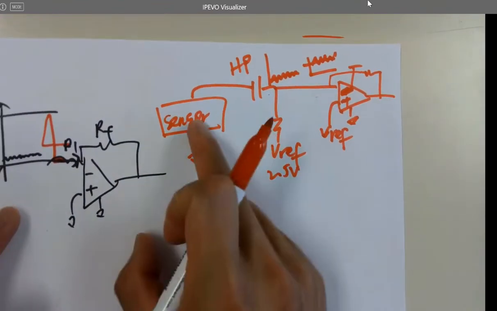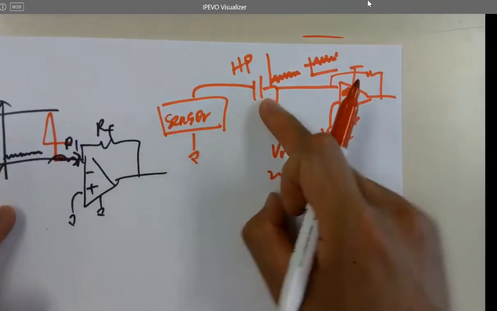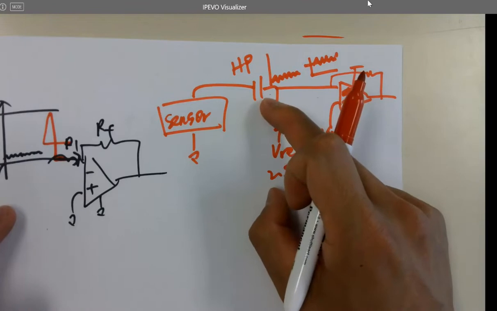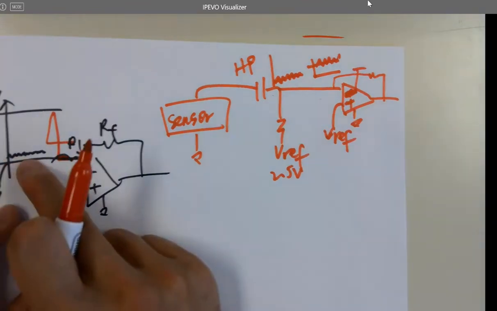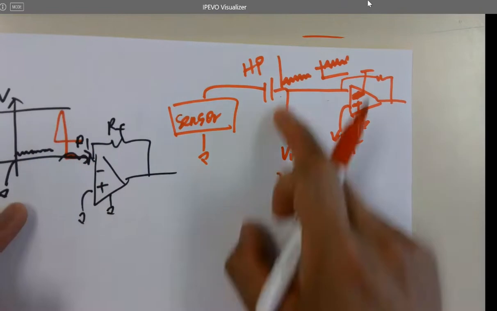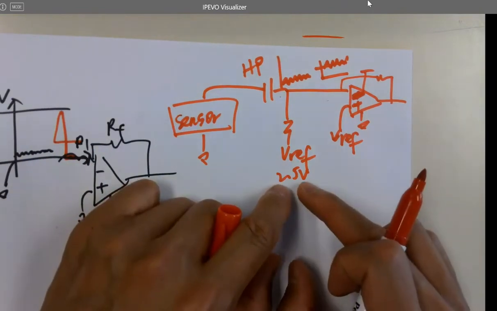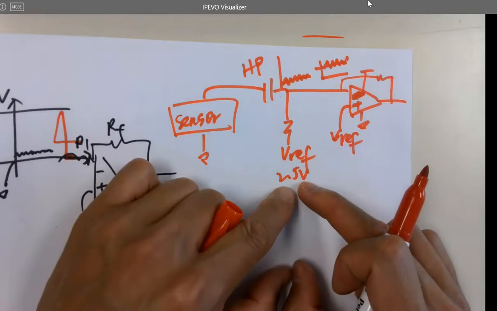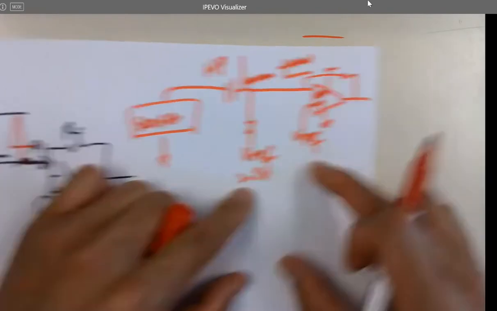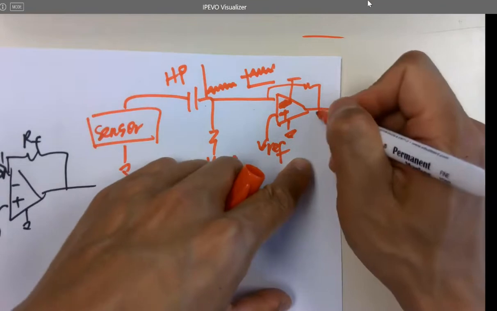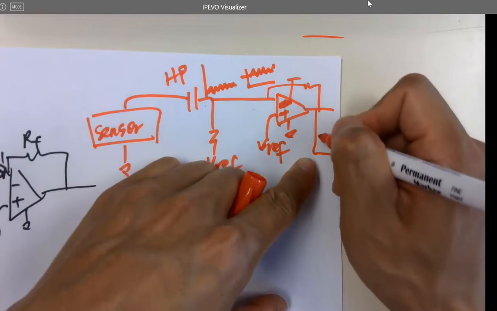So always, if you're dealing with a sensor, do high pass filter first, remove the unknown DC offset, and then boost it or lift it by the desired DC offset, which is half range of the full voltage, to amplify it. So after that, probably the signal is not perfectly swinging around 2.5.